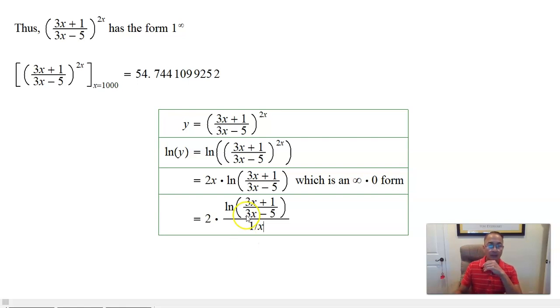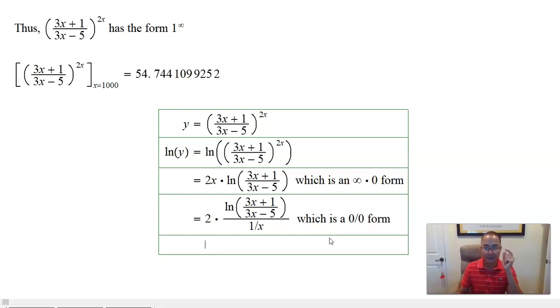The numerator is still approaching 0, since ln of 1 is 0. But now 1 over x, as x gets bigger and bigger, goes to 0. So this is a 0 over 0 form, and we are now allowed to apply L'Hopital's rule.